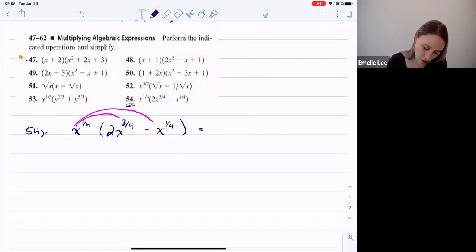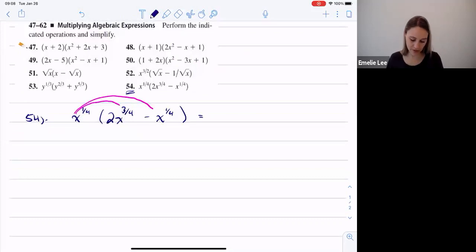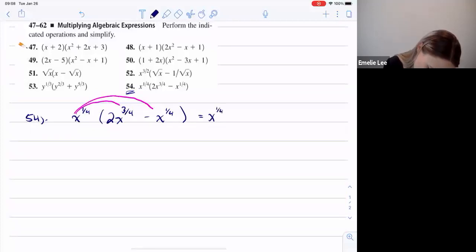Just to show the order, I'm first going to write x to the 1 over 4 out front and then times each of these terms. Then I'm going to switch them around and collect my x's so I can see them properly. If you just went to the second step right away, that's fine. So I'm going to have x to the 1 over 4 times 2x to the 3 over 4.